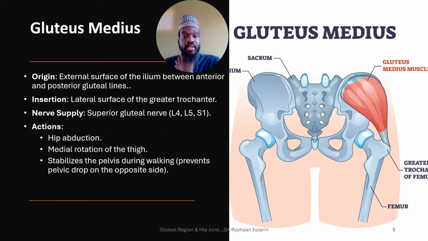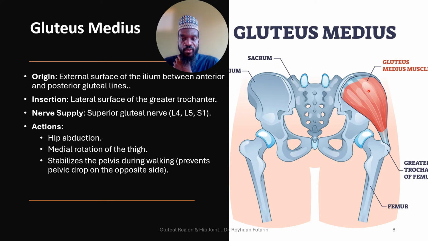All right. Next is the gluteus medius muscle, which originates, as you can appreciate here, from the external surface of the ilium between the anterior and posterior gluteal lines. And it goes all the way down to insert on the lateral surface of the greater trochanter.